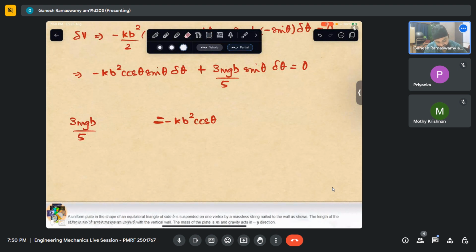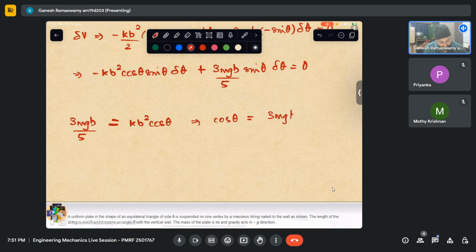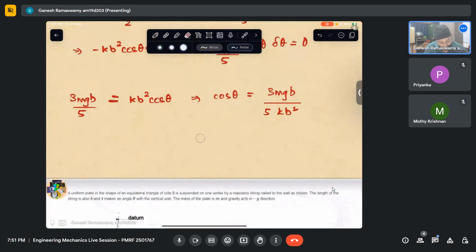And when I took it to the right side, I have to remove that minus. So this gives me cos theta is nothing but 3 mgb by 5 KB squared, or cos theta is 3 mg by 5 KB.